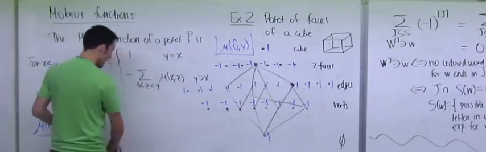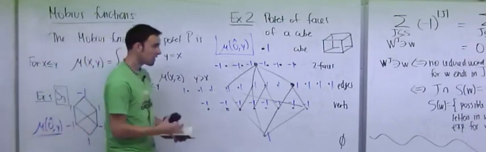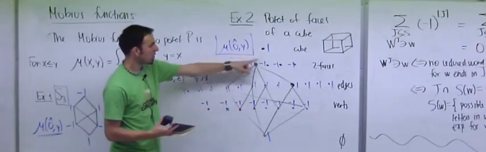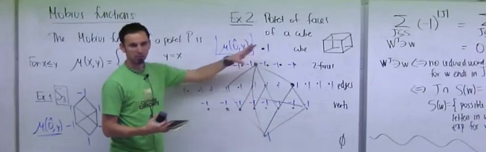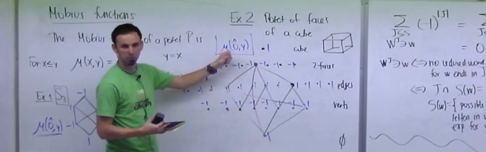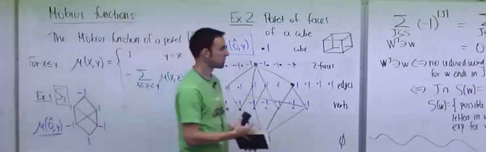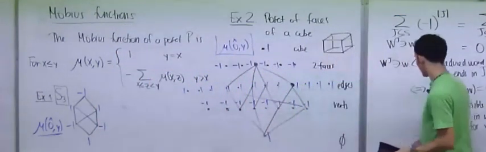Let me point out something to you. Let me show you why, no matter what polytope we started with here, we should expect only 1s and -1s. So this is not an accident, and it's not about being a cube, it's about being a polytope. And you know that you can prove that already.